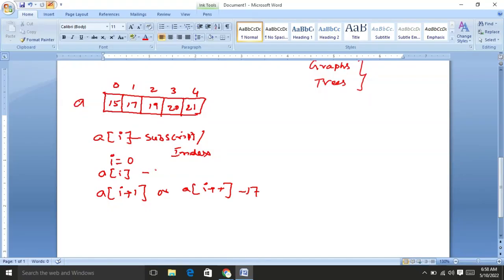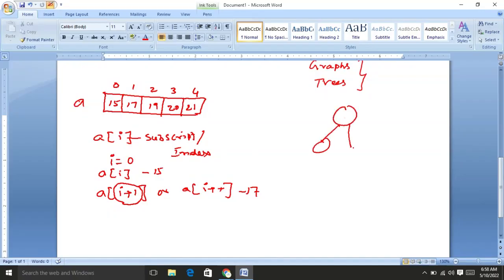Here 15 is accessed, here 17 is accessed. In this manner, by incrementing the index value, we can access one after another element in a linear data structure.